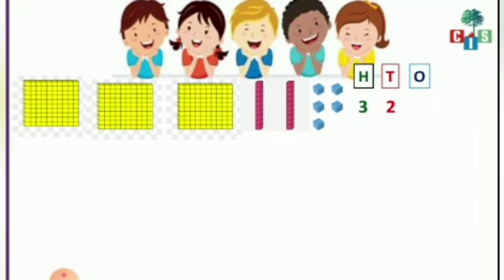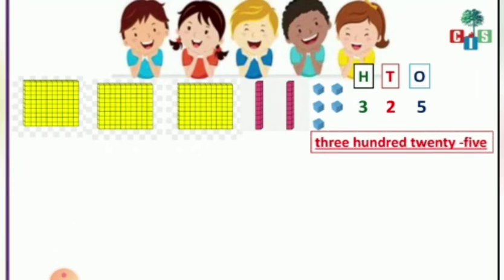So I'll write 2. How many ones are there? 1, 2, 3, 4, 5. So I will write it over here. 5. Now read the number. 325. You will not read as 25. You will read this together. 325. Here is your answer. I have written in the spelling also.